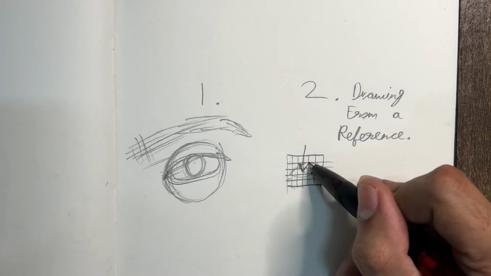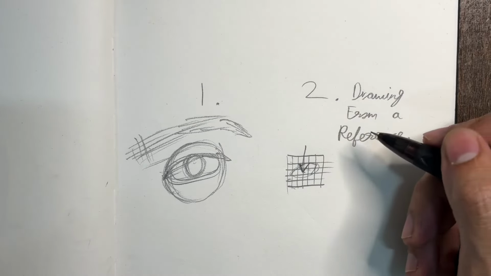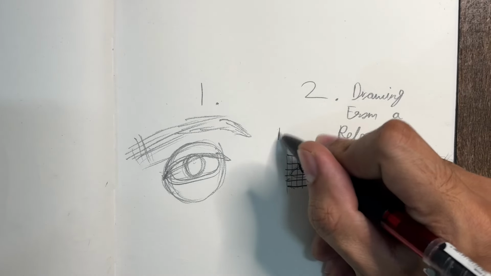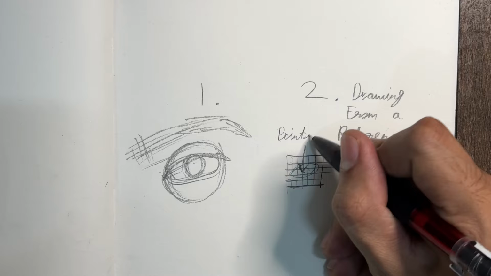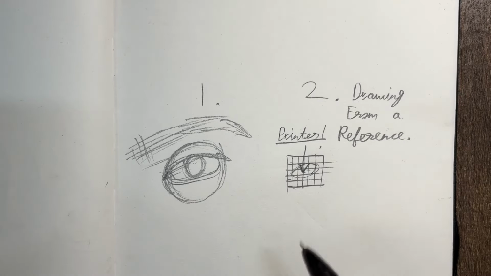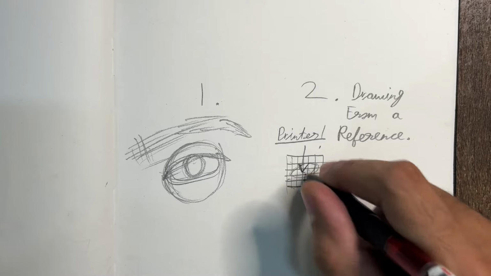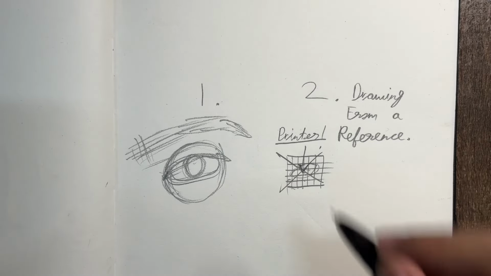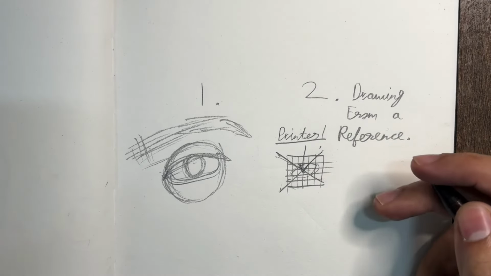If you were to follow this approach, you are essentially training yourself to do the job of a printer. I do not think that this is a good way of practicing drawing, and hence I do not suggest that you practice this method at all.